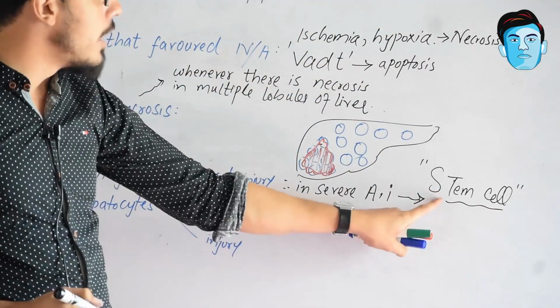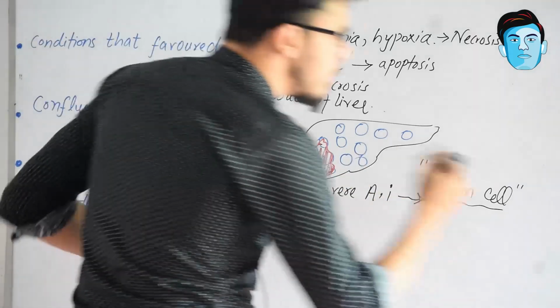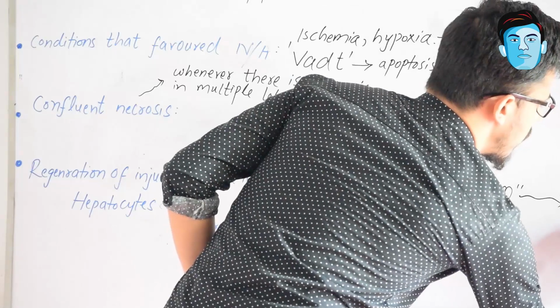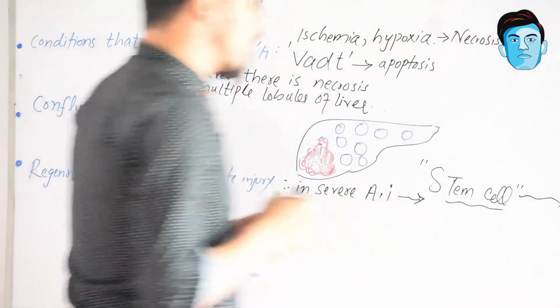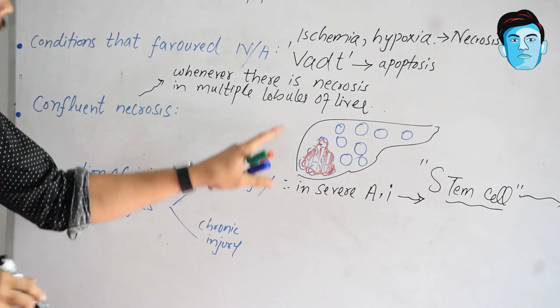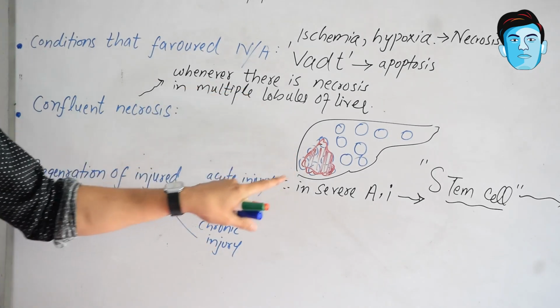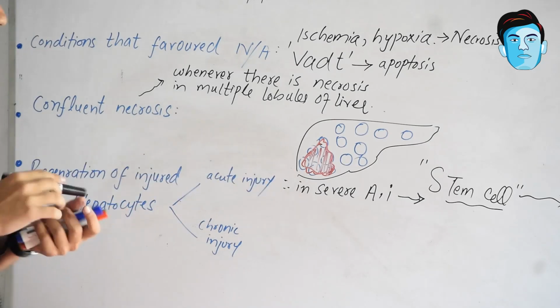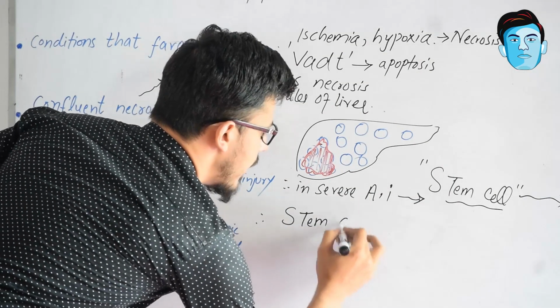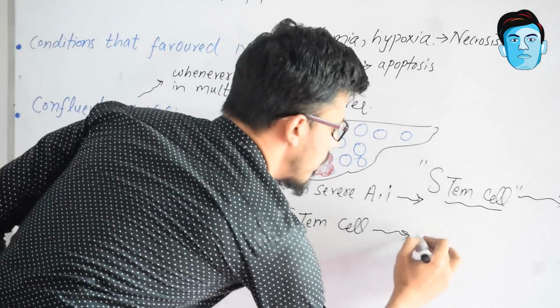Here the stem cell has a major role, but this role is unproven. Now, what happens in chronic injury? In chronic injury, whenever the hepatocytes get injured, they get replaced by stem cells, and here the stem cell role is proven.